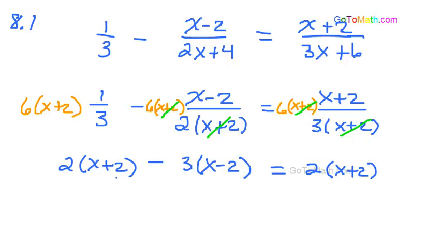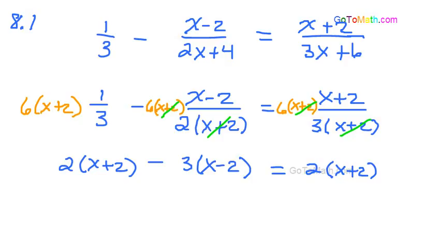Alright, so now what we can do here is, now you notice we have a 2 times (x plus 2) over here on the left and one over here on the right. Actually what we could do is we could go ahead and just cancel these out.